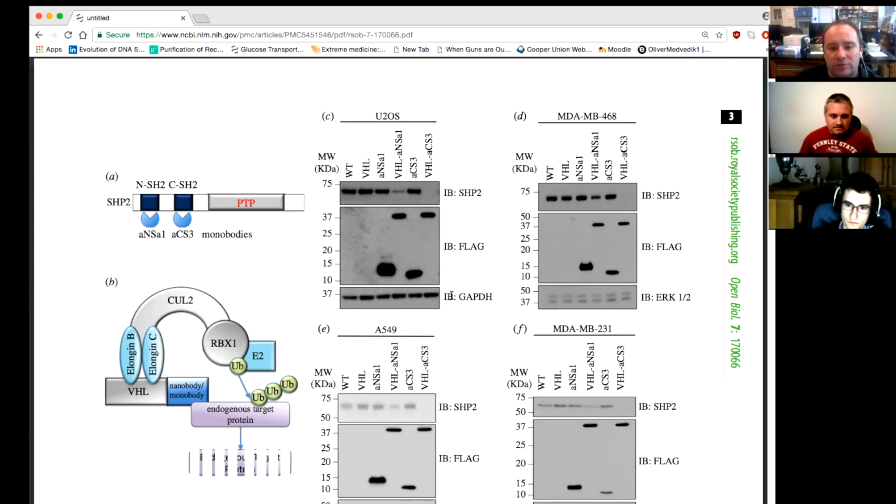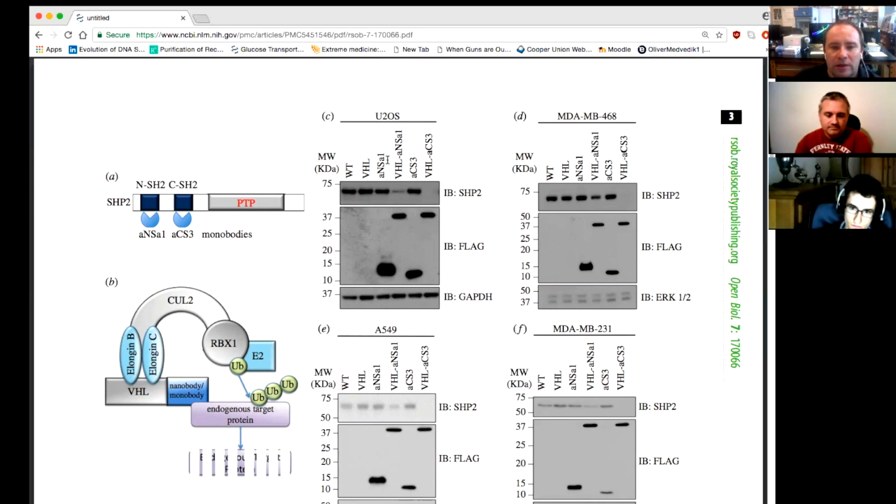All the way on the bottom, you see this immunoblot GAPDH. That's just a loading control. You usually pick some protein that's not affected by what you're doing, so that way you can show people that this decrease is not because you just didn't load sufficient quantities of protein, right? And then we have this IB flag, and this IB flag is against these monobodies.